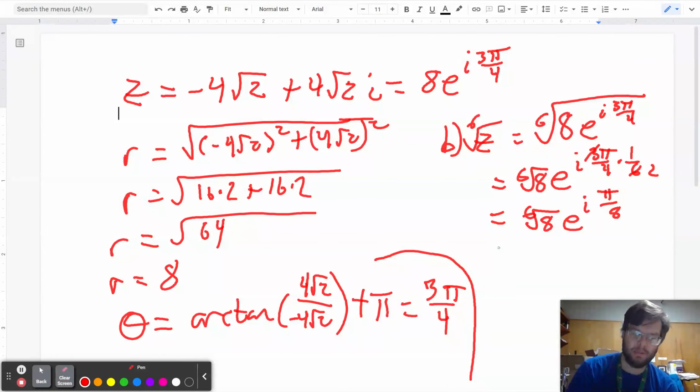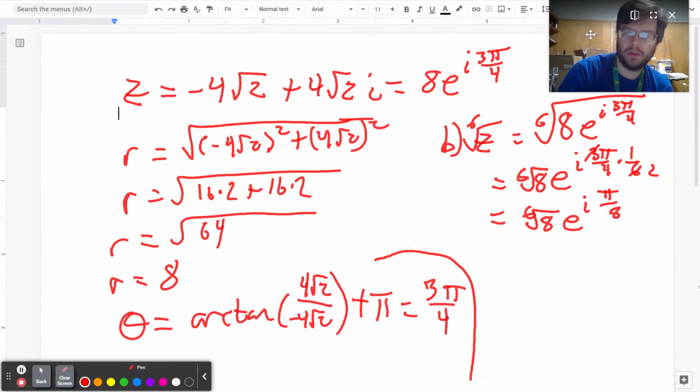So let's see what happens. Make sure you're in radian mode. And I'm going to do cosine of pi over 8. Let's see. Well, that's weird. Let me think here for a second.